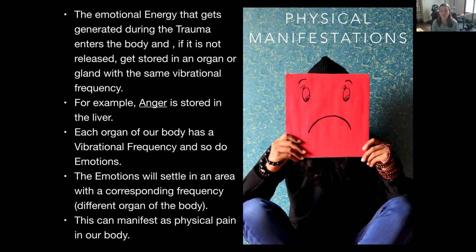And that's really fascinating as well, that we can use these extracts from these plants to help maintain our own health and wellness. Each organ in our body has a vibrational frequency, and so do our emotions. So they all interlock together through that vibrational frequency. The emotions are going to settle into an area with a corresponding frequency.